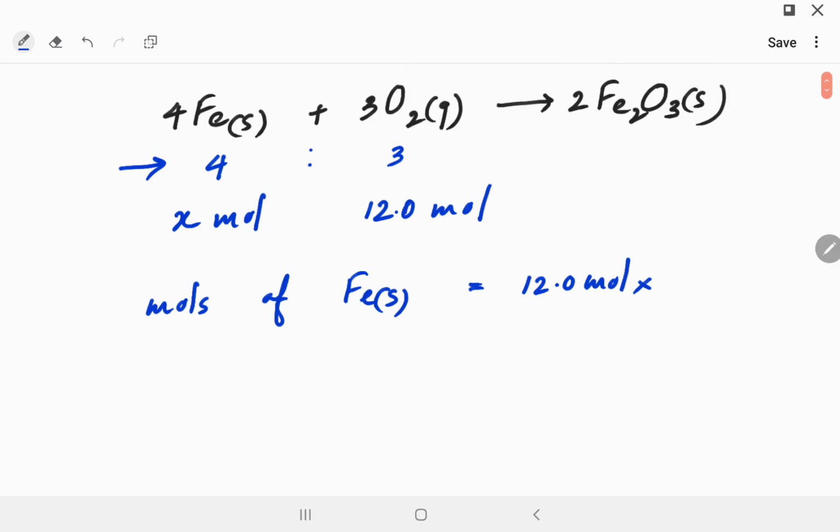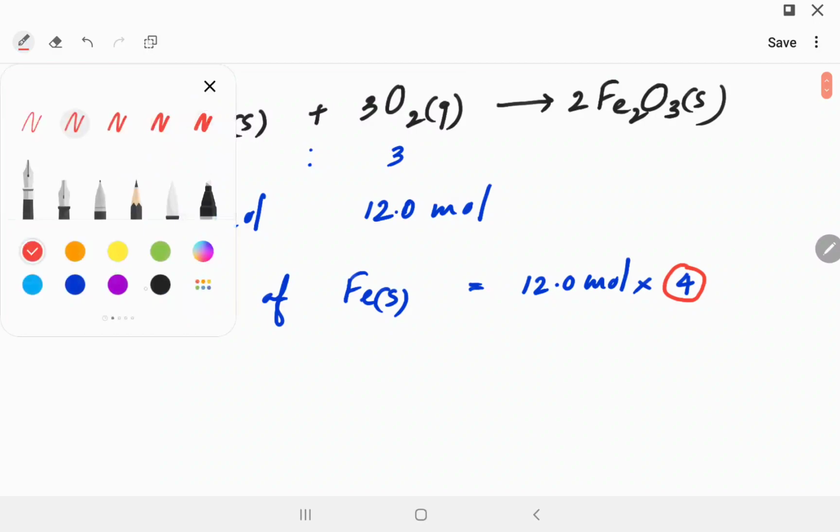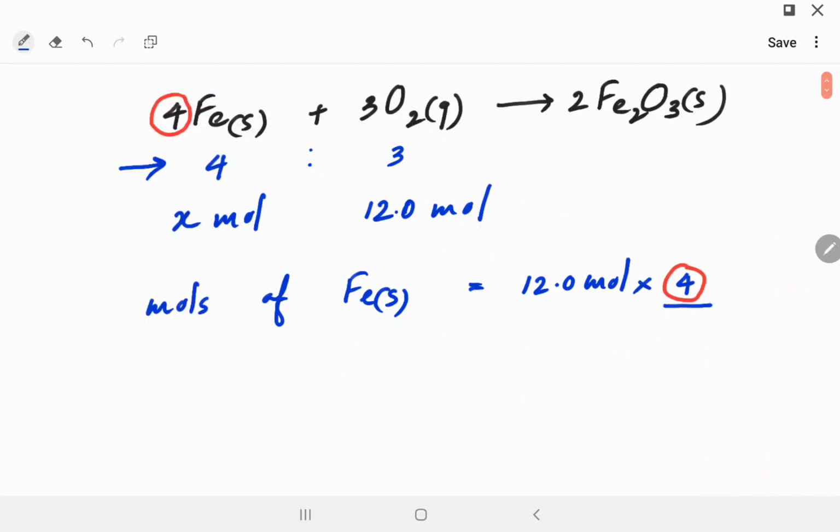In this mole ratio, you have to have the coefficient of iron on top, because that is what you want to find. At the bottom you will have the coefficient of oxygen, because that is what you already know. If you do the math, the answer will be 16.0 moles of iron. So x will be 16.0 moles. That is how you do it.